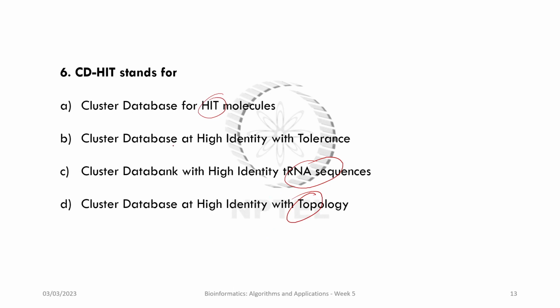HIT has not been expanded, and there are no molecules. We are not talking about hits here. I'm just eliminating the wrong ones, but truly, CD-HIT stands for Cluster Database at High Identity with Tolerance. Thank you all who answered this. Option B is right.